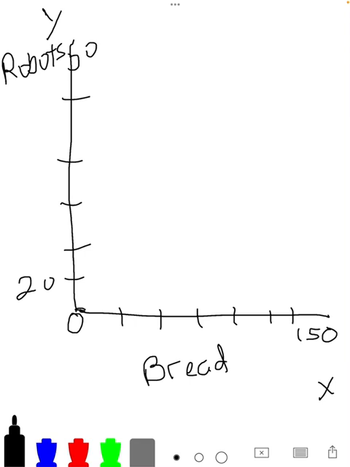All right, so in the assignment, you are told to graph the following points. A, 0 robots, 150 bread.